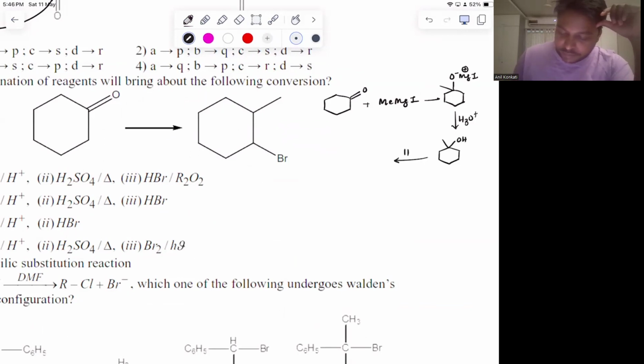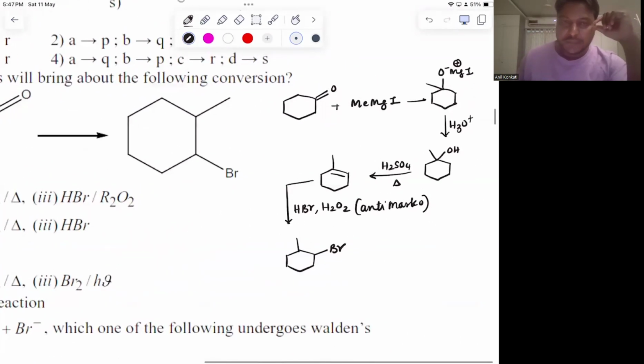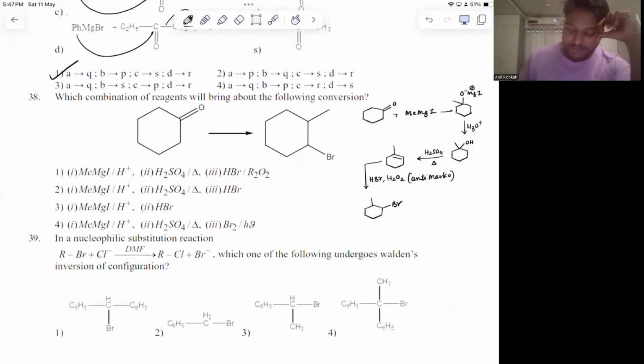And that if you treat with H2SO4 and heat, elimination will happen, giving this double bond. That when you treat with HBr in the presence of peroxide, anti-Markovnikov's addition will take place, which results in formation of this Br. Done. Notice it, everybody. So this is the product which we are expecting. So which is the best reagent here? First one.